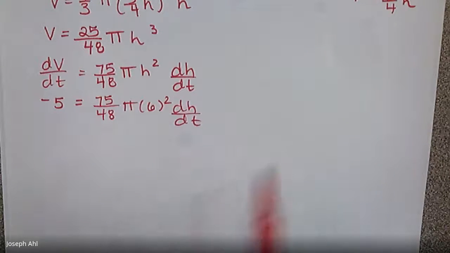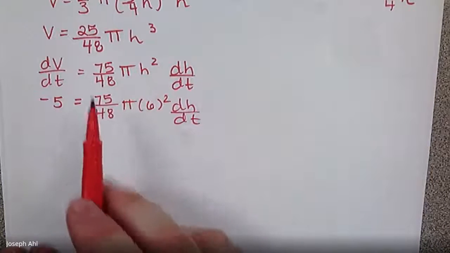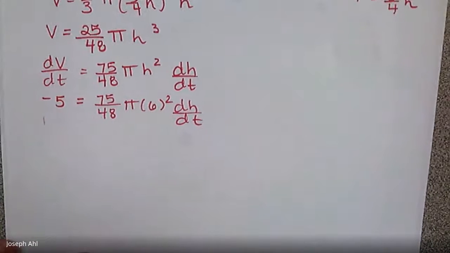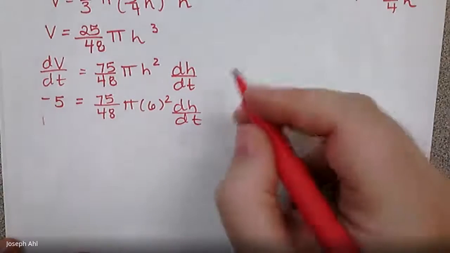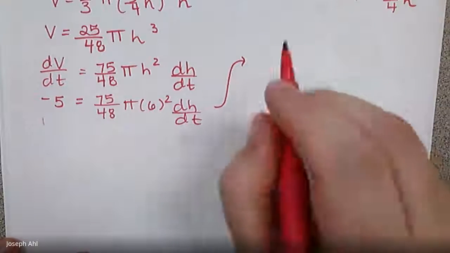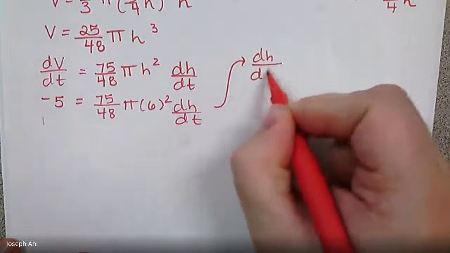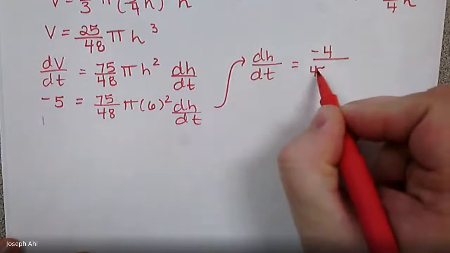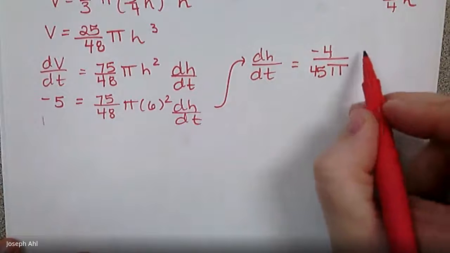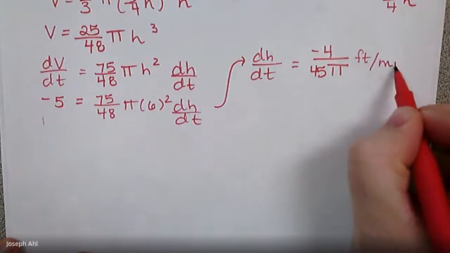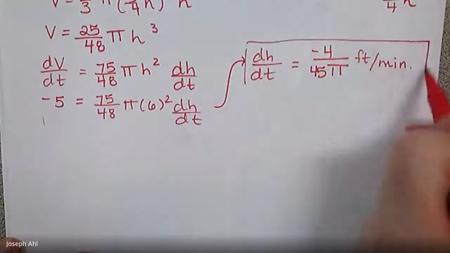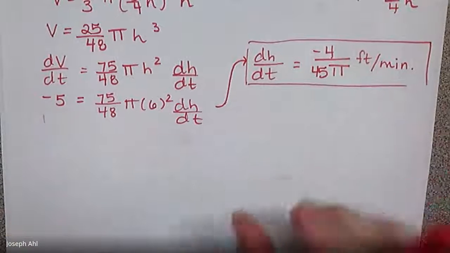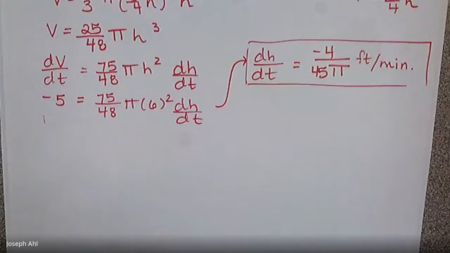And if we start kind of throwing things over to the other side, right, divide the 36 over, multiply by 48 over 75, divide by pi. In the end, I'll let you do some of the simplifying if you want to double check me here. dH/dt winds up being, in simplest form, -4 over 45 pi, and then the units here would be feet per minute. Okay, so dH/dt is that we're dropping, the surface is falling at that rate.